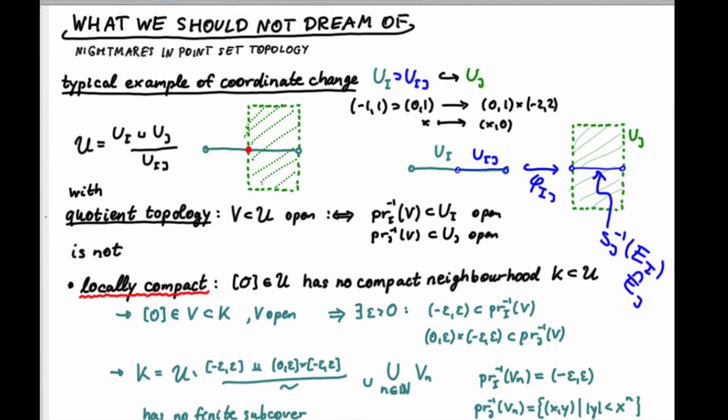But the painful fact is that, of course, as you draw this it looks like a subset of R2 or C. But the topology that you're putting on, that says a subset up here is open if its pre-image in both of these things is open, is very much not the ambient topology from C. And the one really troublesome point is that 0 point that sits in UI, but doesn't quite sit in UJ.